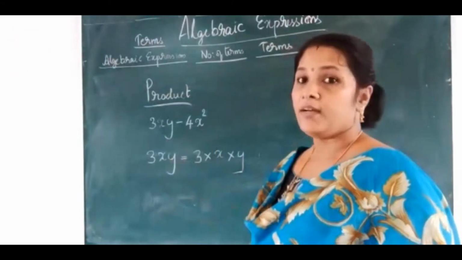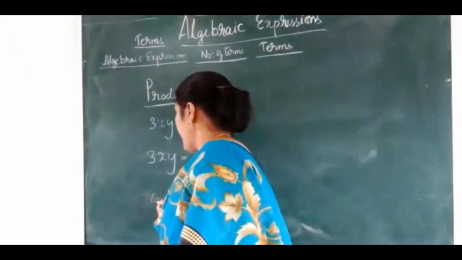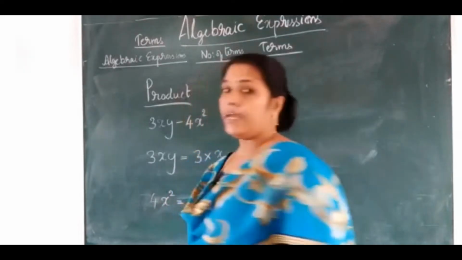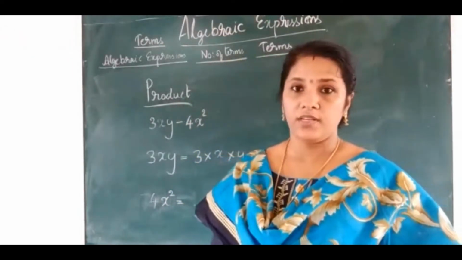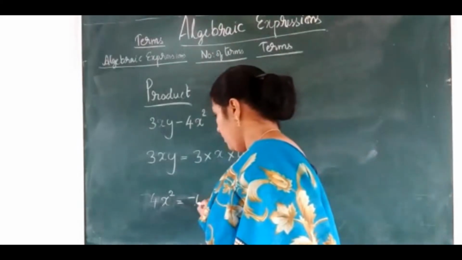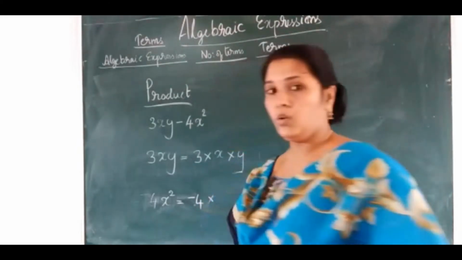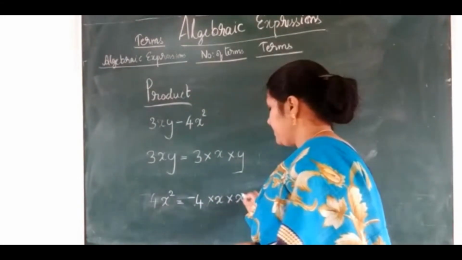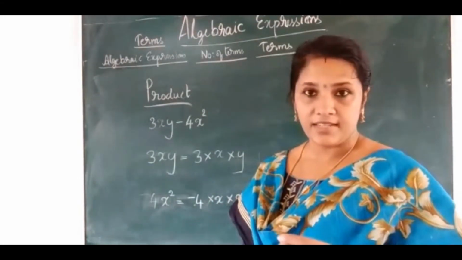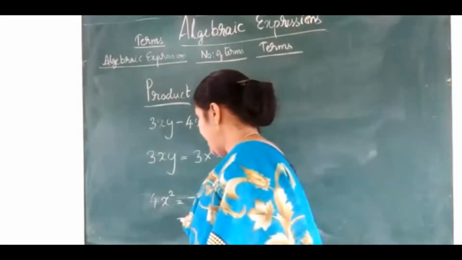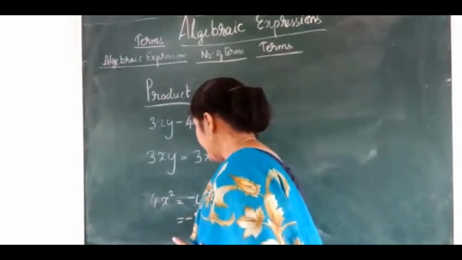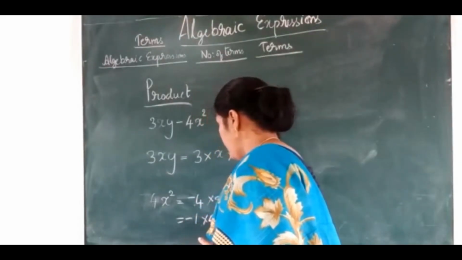The next one, negative 4x square. It is the product of negative 4 into x into x. We can write it one more way. Negative 4, I can rewrite as negative 1 into 4.